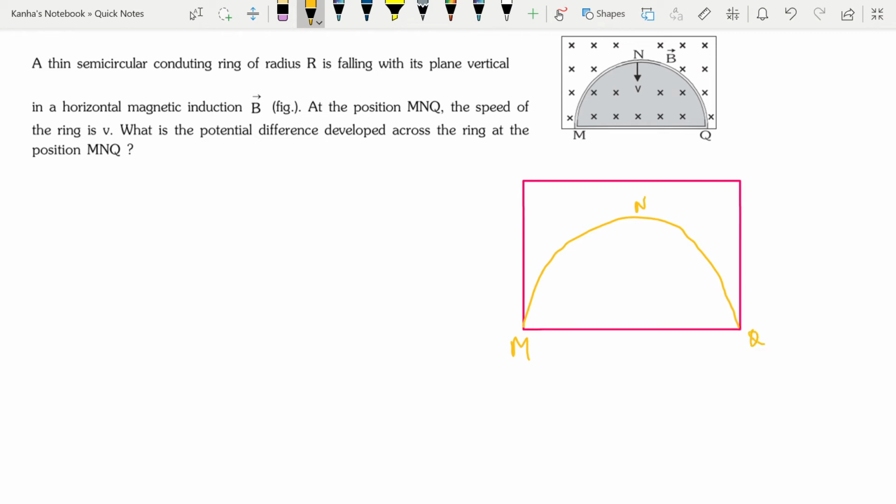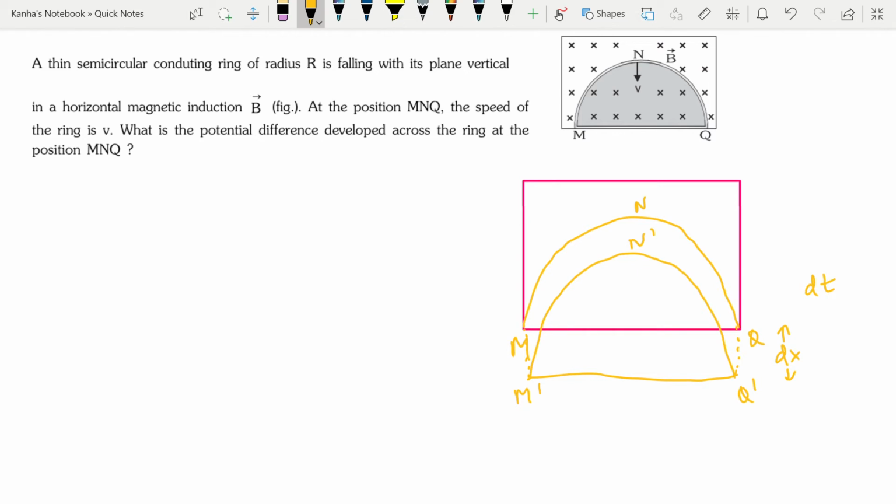Let it fall down by some distance dx. So this is the distance dx by which it falls down, and this leads to a new position m prime, n prime and q prime. So in a time dt, it fell down by this much distance.